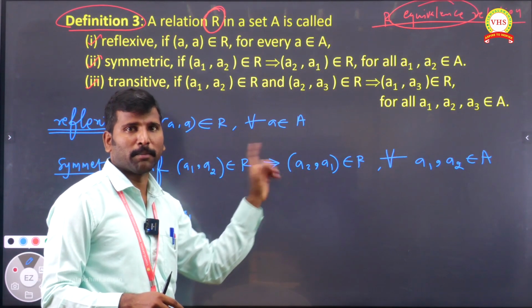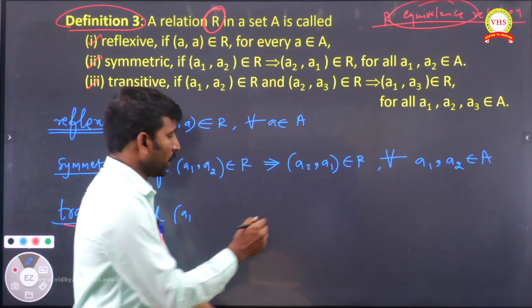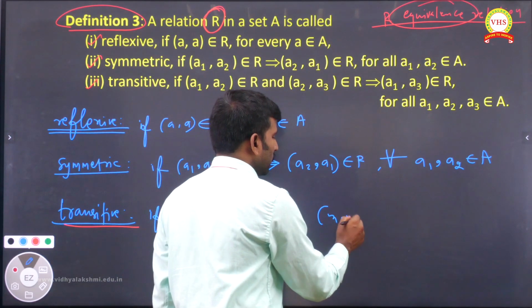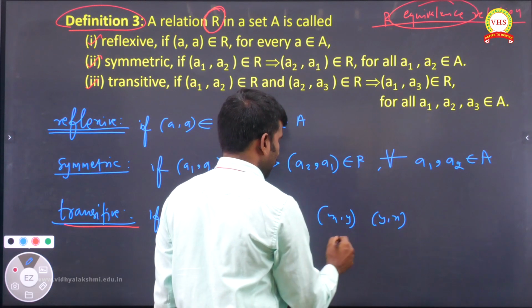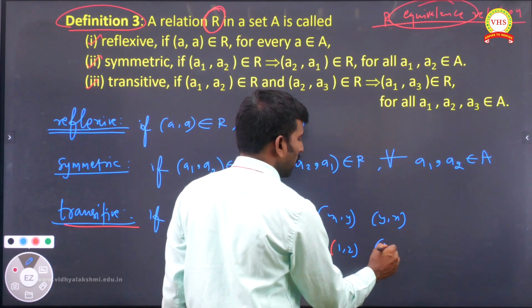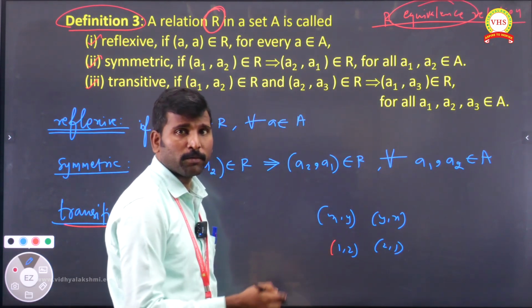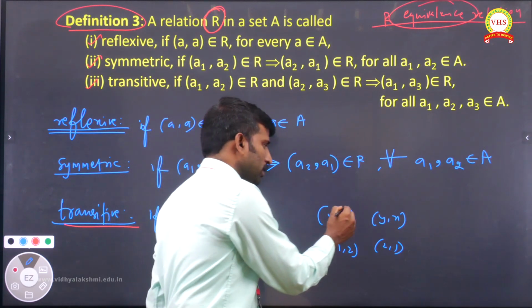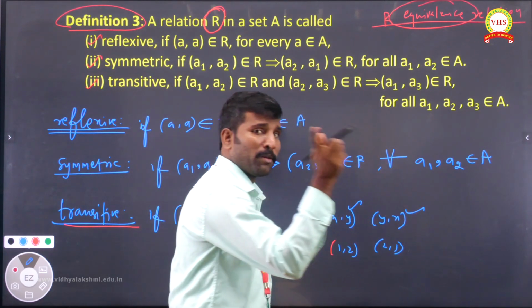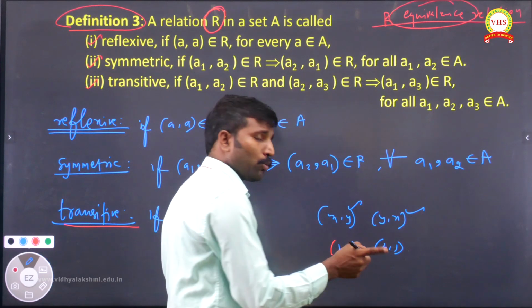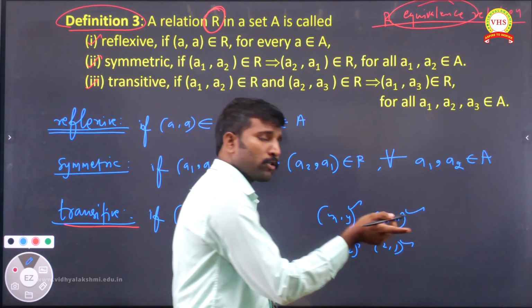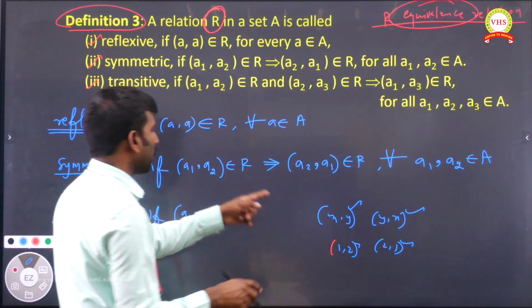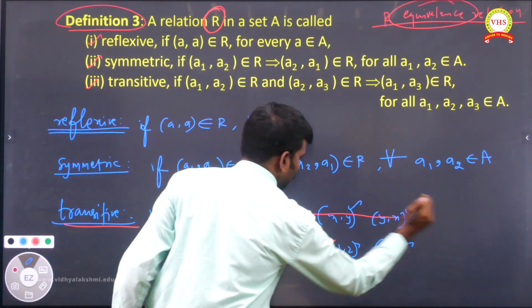Understand the mirror point of view. You can say (x, y) in the sense (y, x), or (1, 2) in the sense (2, 1). The opposite view, mirror point of view. If it belongs to R, this also should belong to R. (1, 2) belongs to R, (2, 1) also belongs to R. Then only R will be symmetric. That is what we have seen.